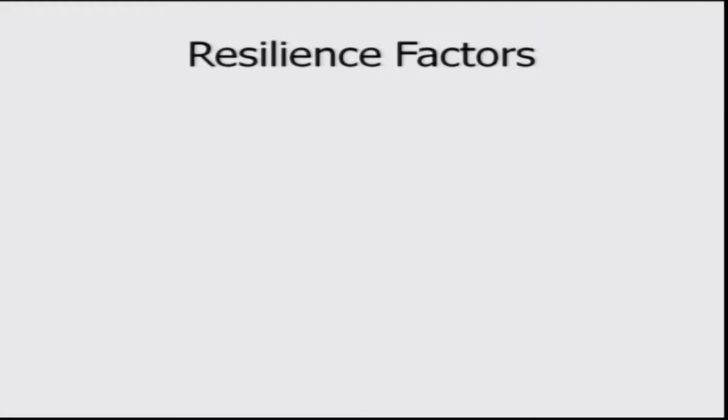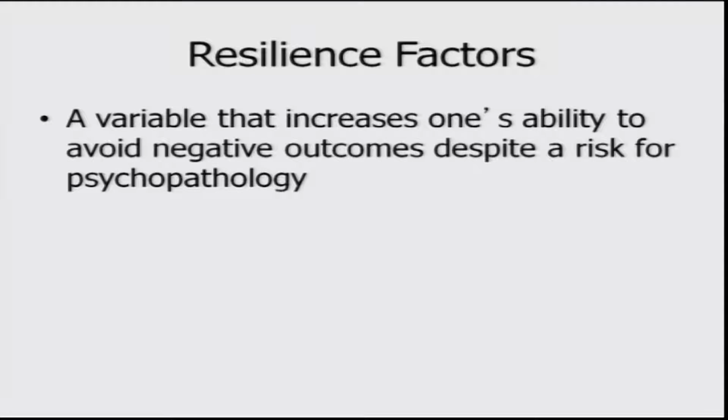Opposed to risk is resilience. As I said, this is a variable that increases one's ability to avoid negative outcomes despite a risk for psychopathology. That means, if your brain is programmed such that within your own mind, within your own brain processes, the brain is able to absorb these external stresses in a way that it does not lead to negative outcomes in your behavior or thinking process, that is resilience.